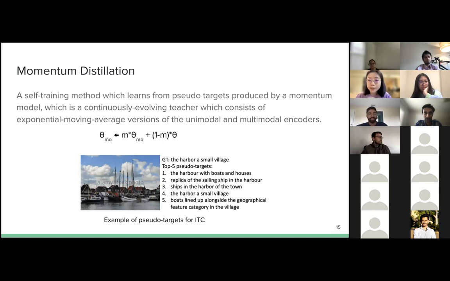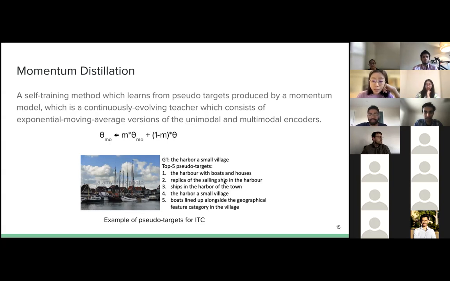Here our teacher model is continuously evolving, and consists of the moving average version of our actual encoders. The authors didn't really give an update function, but this is the update function that MoCo uses. You update the momentum encoder using this parameter m. Basically, you use your parameters from the original momentum encoder plus a part of your unimodal encoders that's been recently updated.